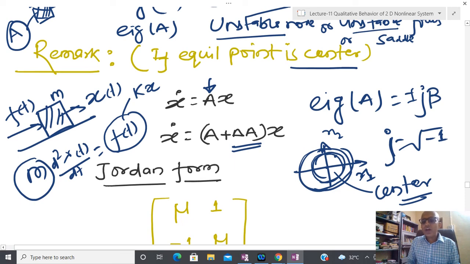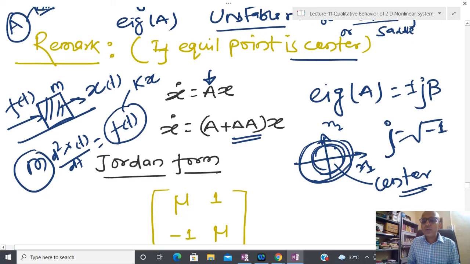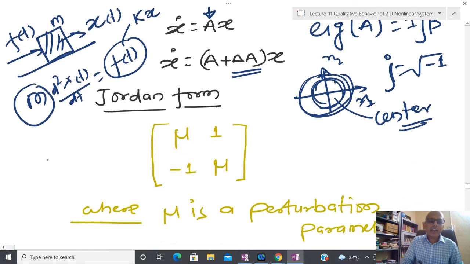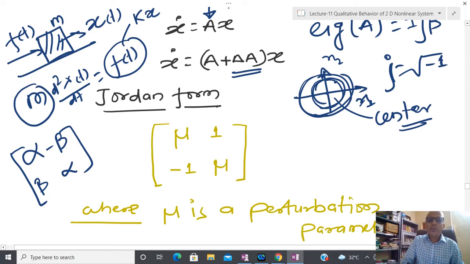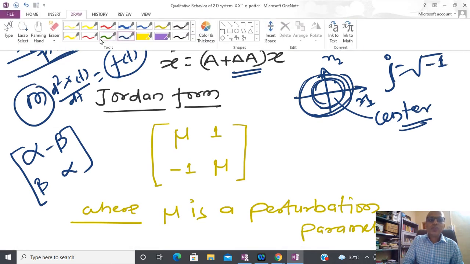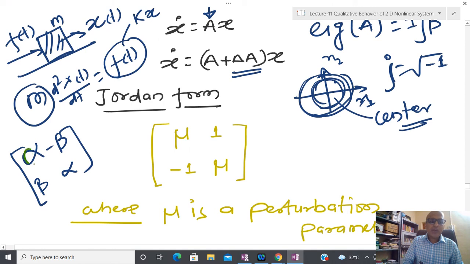Okay, now try to see the case when you have purely imaginary eigenvalues. Whenever I have imaginary eigenvalues, I have this kind of structure. What does it mean? If I have purely imaginary eigenvalues, then these two quantities, alpha equal to 0 at both places, so I have beta and beta.